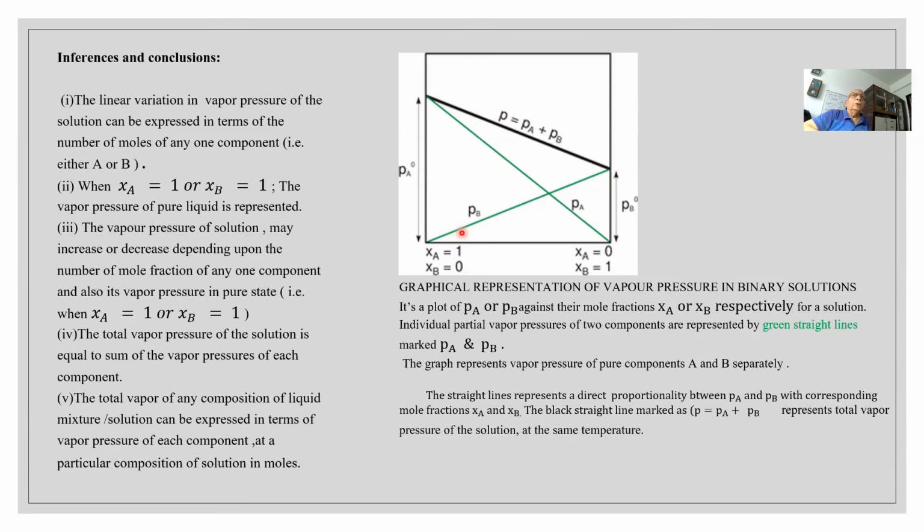The reason for being a straight line is that there is direct proportionality between mole fraction and the vapor pressure. As stated by Raoult, there will be a straight line. Okay. So all this is described over here. You need to learn it several times and make yourself confident.